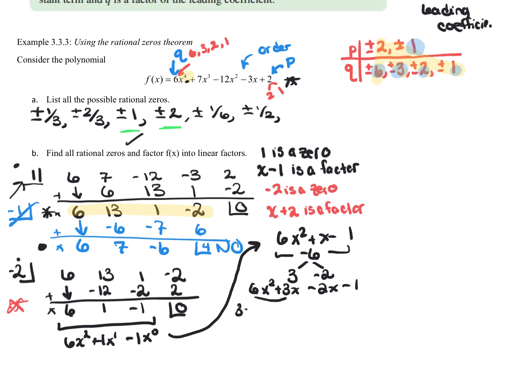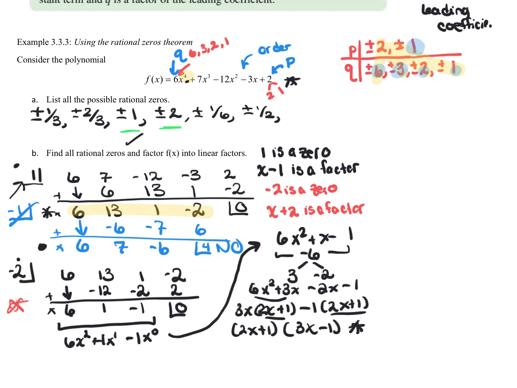The first two have a 3x in common: 2x plus 1. These two have a negative 1 in common: 2x plus 1. They both have this 2x plus 1. And then you get 3x minus 1. So here are two more factors.